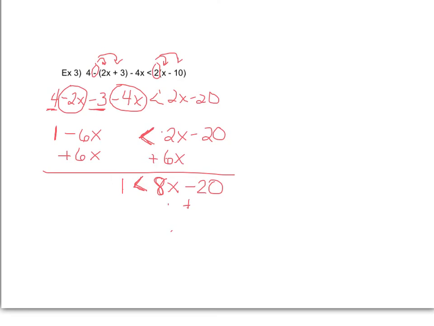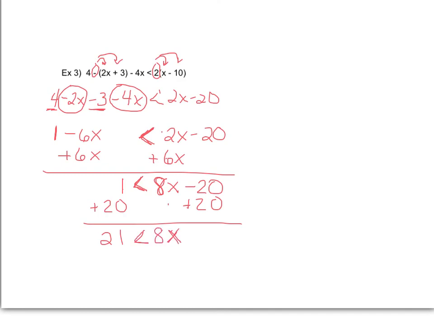And I'm actually going to back up for a moment before I do that. And I notice that this was originally a 4 out front, and somehow I changed. Oh, never mind. I'm not going to back up. It was fine. So I'll add 20. And I'll add 20. And I get 21 is less than 8x.